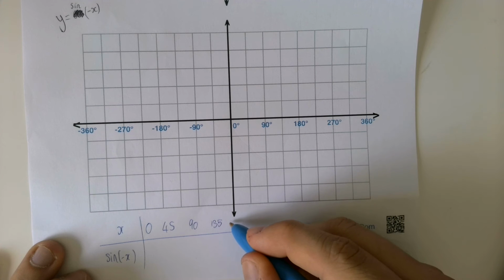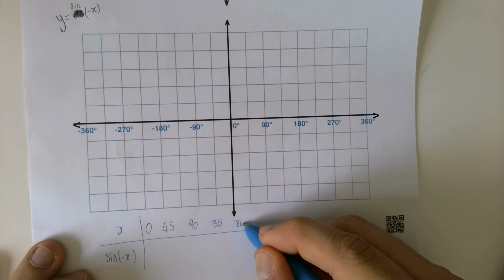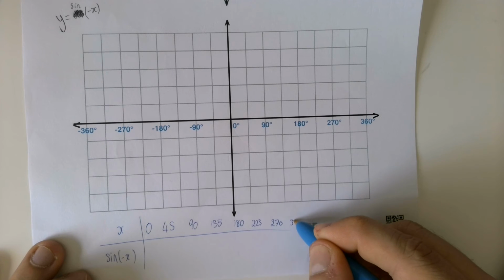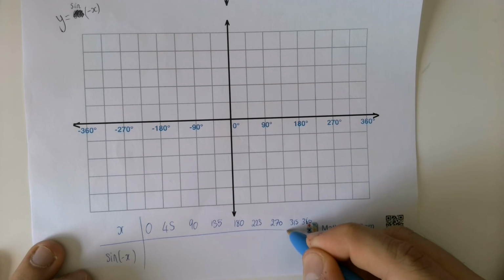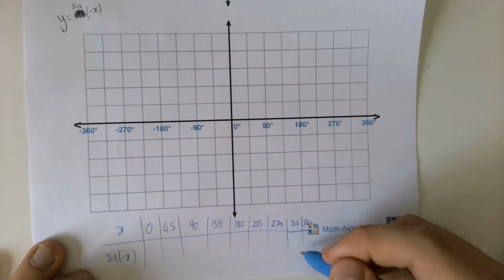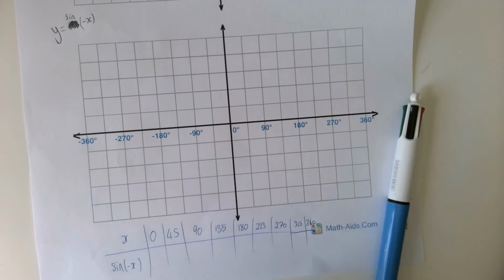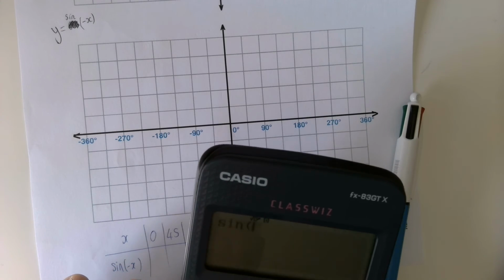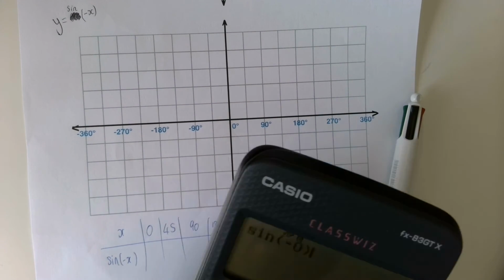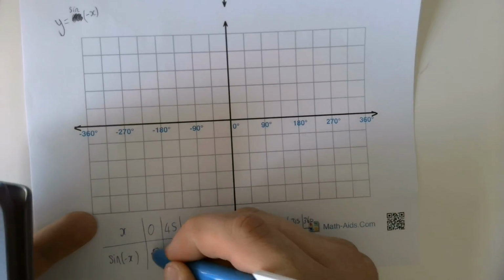I'm going to choose my values going up in jumps of 45. And I'm just going to get my calculator and carefully type this in. So it's sine negative whatever is in here. So sine of negative 0 is 0.